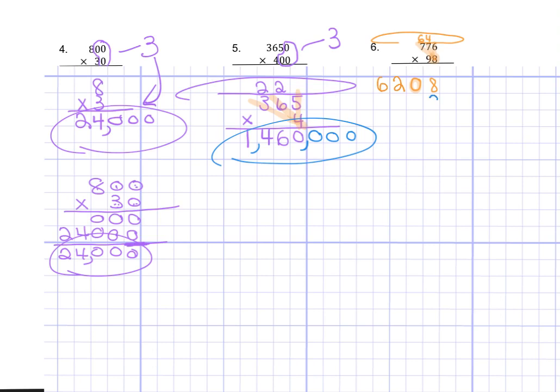We're going to put a 0 for our placeholder because this is our tens digit.